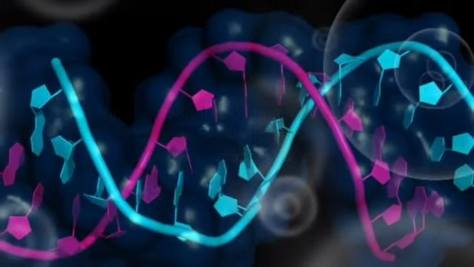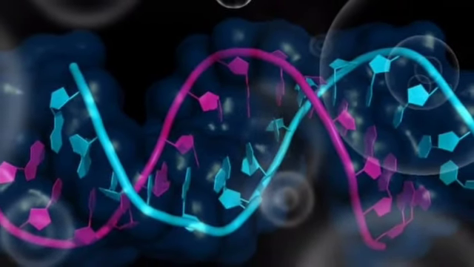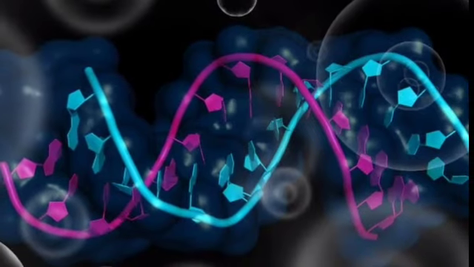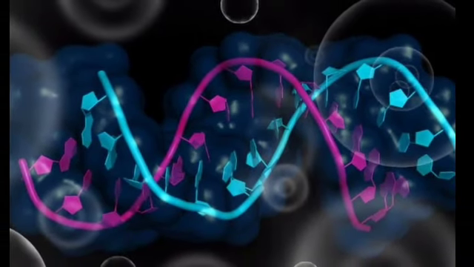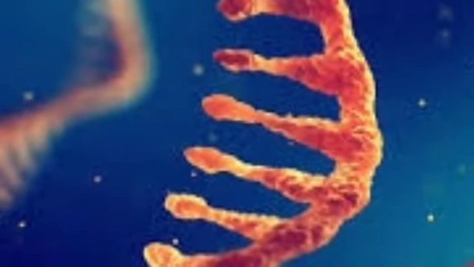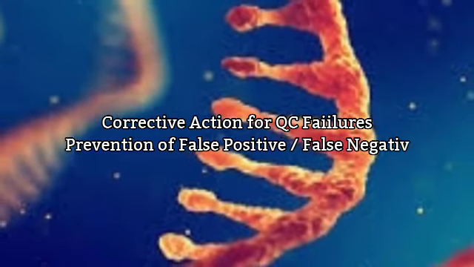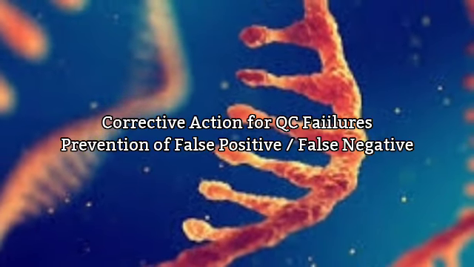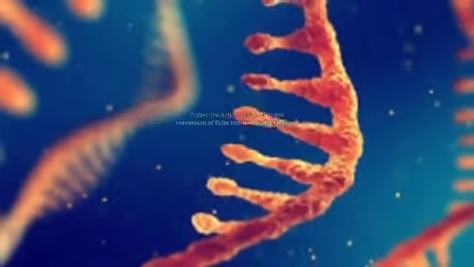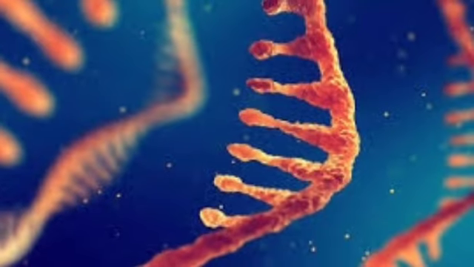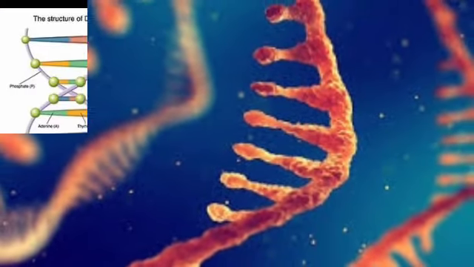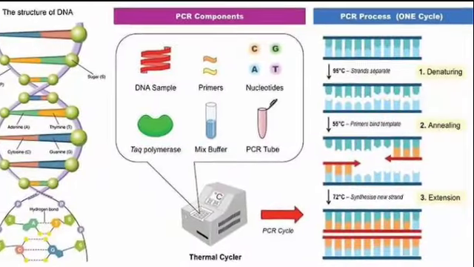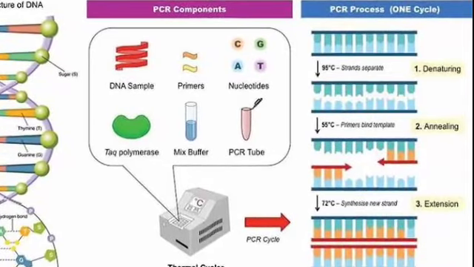A summary of QC samples for detection and confirmation procedures is explained here. We will see corrective actions for QC sample failure and false positive and false negative prevention. At the end, I have also included a short discussion on participating in proficiency testing studies.